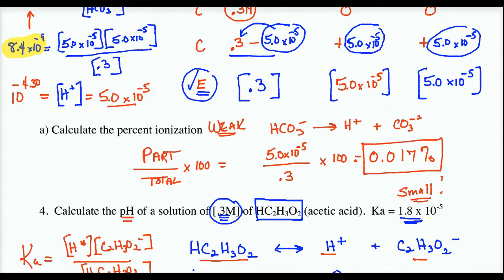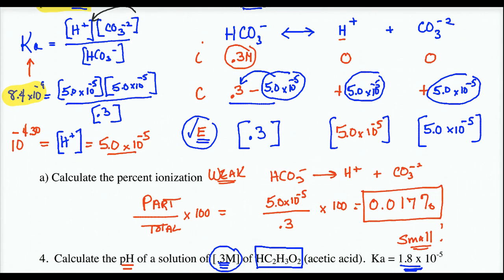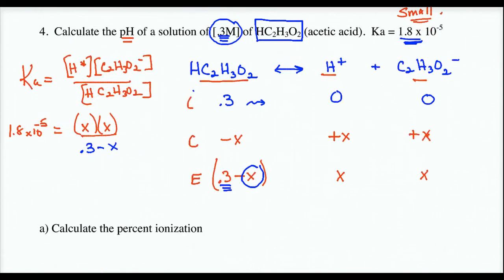Didn't we kind of approximate up here? Yes. So we're doing it down here. So we're going to get rid of this x because it's so much smaller, it doesn't change this significantly, and we get good results. So this becomes 0.3. Without it, you're going to wind up having a quadratic or a binomial, and you'll need the quadratic formula to solve it.